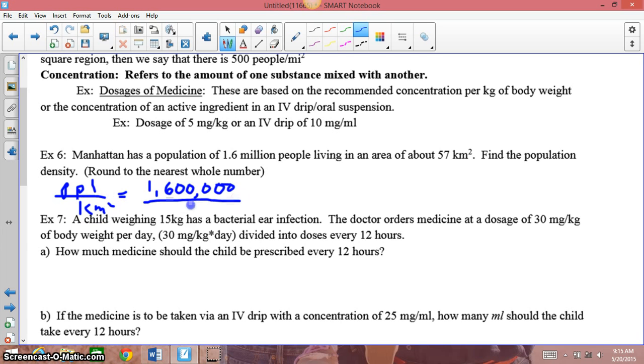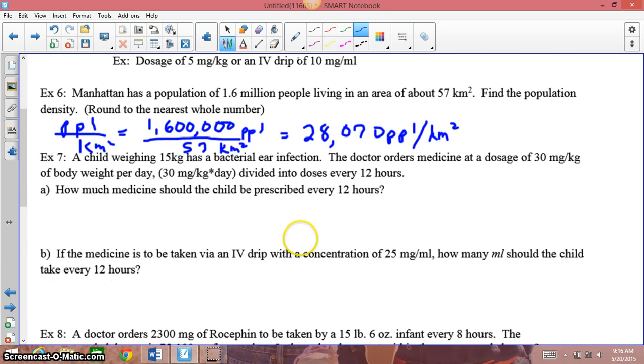And then I divide that by the 57 kilometers squared. And what I would do here is I would just go ahead and do that division. We're rounding it to the nearest whole number. So you should end up with 28,070 people per square kilometer.